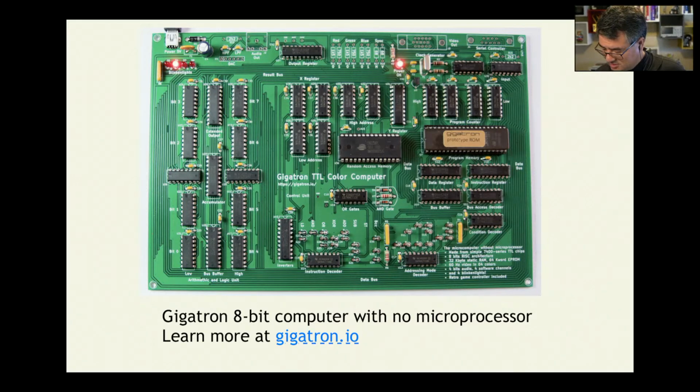But all the rest of this stuff, over here and over here and over here, actually implements the processor itself. So this is a kit that you can buy. The printed circuit board costs about $20, and the parts cost anywhere from $50 to $100. And then you can build your own and learn how microprocessors actually work.